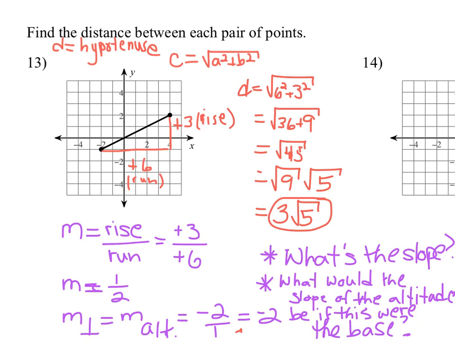Okay, so the original slope would be 1/2, and then the slope of the altitude would be -2. So technically we have 3 answers to each one of these questions. Okay? Again, check in on number 14 and we'll go from there.